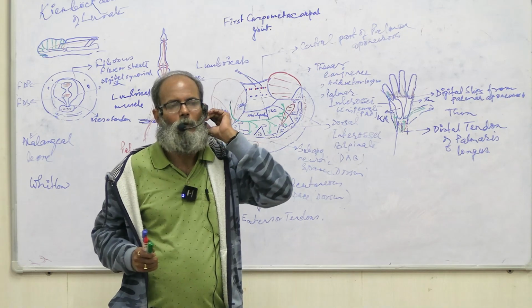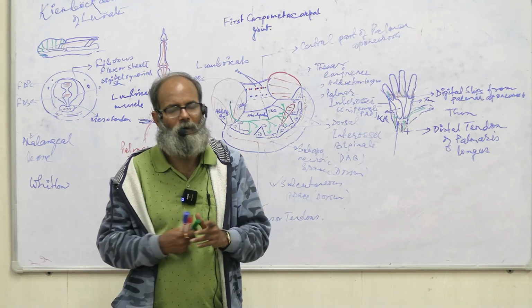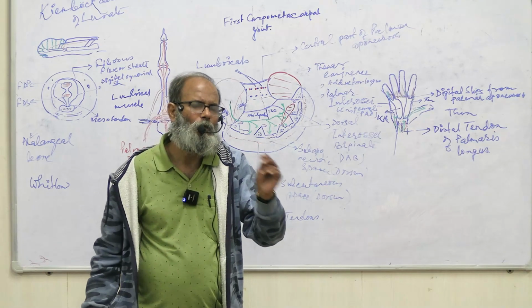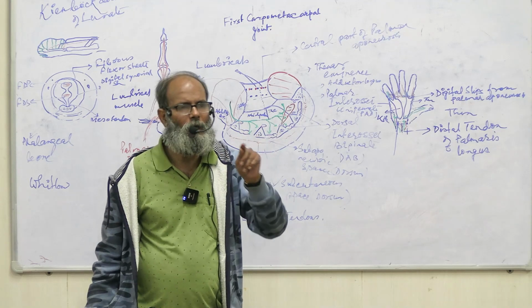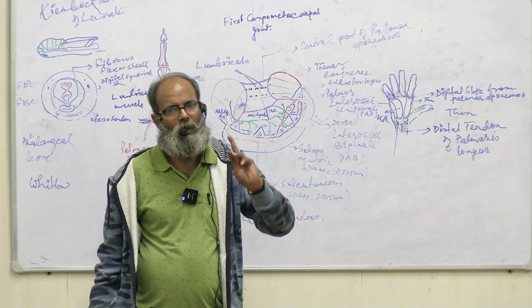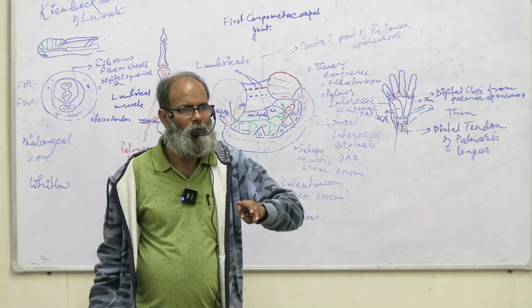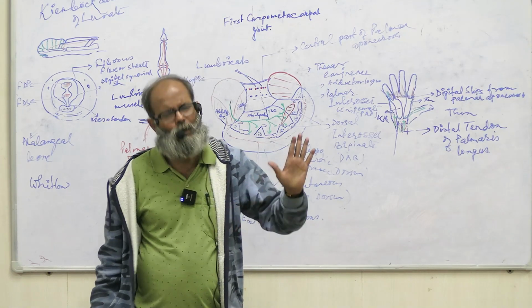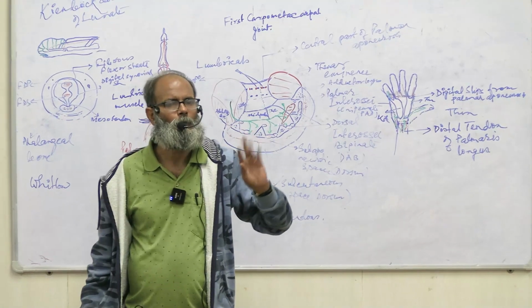Now, I have not said the vincula. Just a simple thing: these are small fibrous bands connecting the tendon with the bones. There are 2 vincula brevia and 3 vincula longa. I will draw one picture later on. It's not a problem.